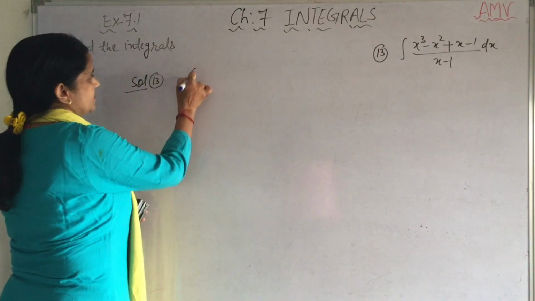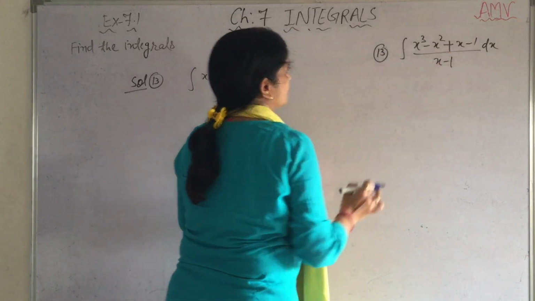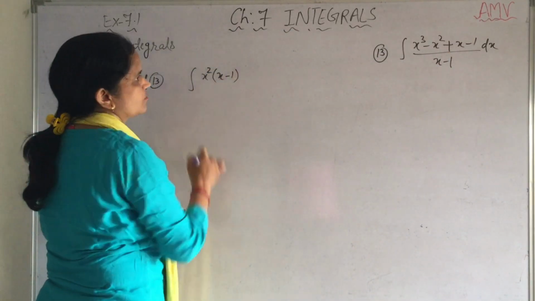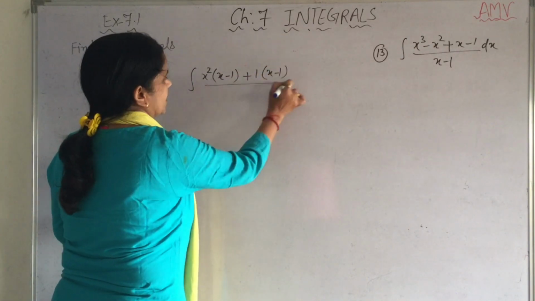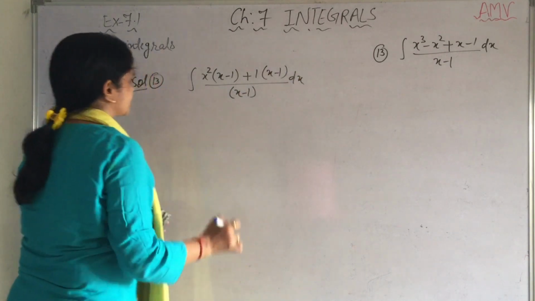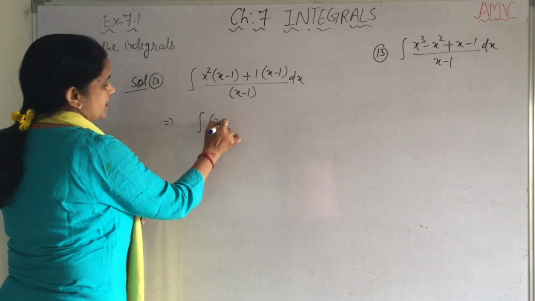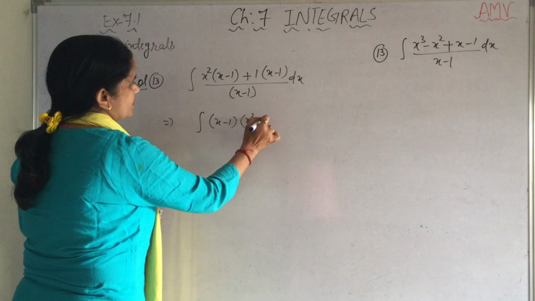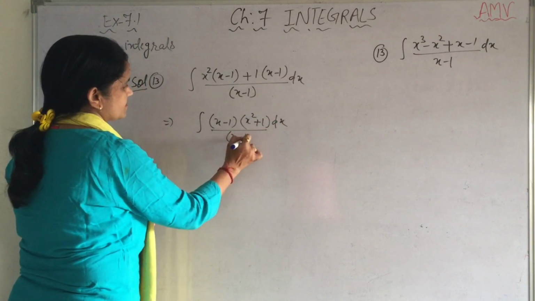For this, student, first take x square common in these two terms. So here you will get x minus 1, and in the last two terms 1 is common, so x minus 1, and in the denominator x minus 1 dx. Means factorize. So here it is x minus 1 into x square plus 1 dx, and in the denominator x minus 1.